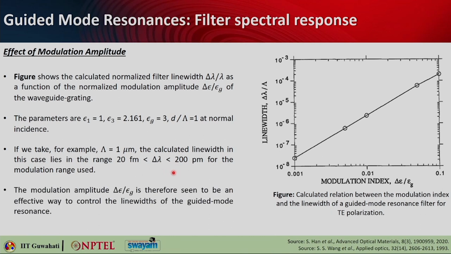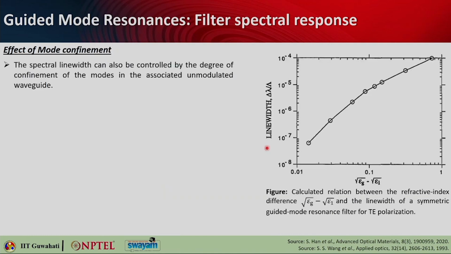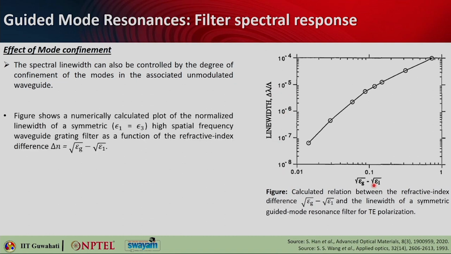You can understand how narrow these resonance filters are, and they are very high quality resonances. This is a graph that tells you what kind of modulation you need for what kind of line width. You can also think about the mode confinement from this graph. It allows you to see that the spectral line width can also be controlled by the degree of confinement of the mode in an associated unmodulated waveguide. If you do not have modulation, you can think of an effective unmodulated waveguide.